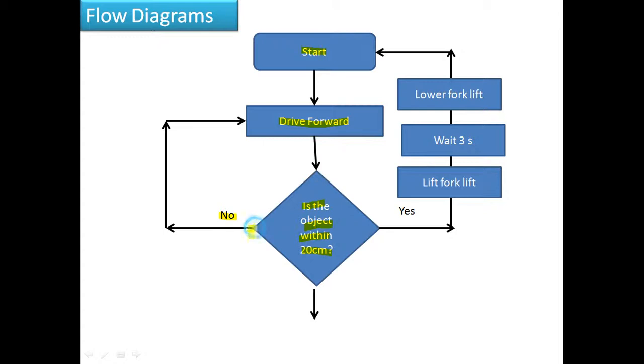And then that means we just go along the loop and we continue along this loop until we meet something. If we meet something and say yes, then we move to an action block, lift the forklift, wait 3 seconds, lower the forklift, and around we go. And that ensures that the whole system keeps running.